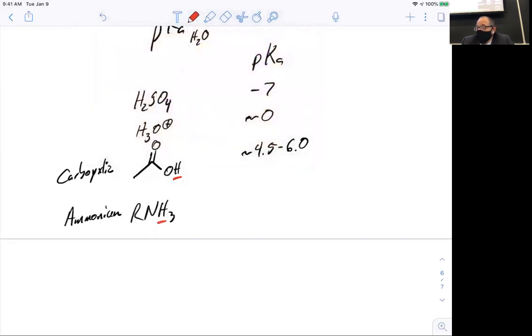So an ammonium, there we're talking about 5 to 7.